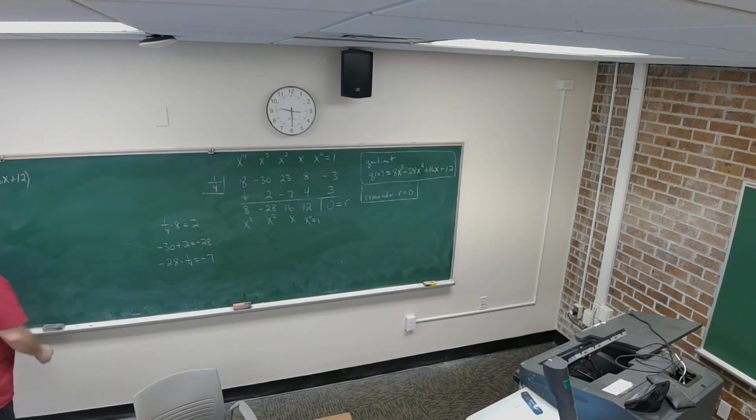And the remainder is 0. So this is the quotient, this is the divisor, and this is the dividend.